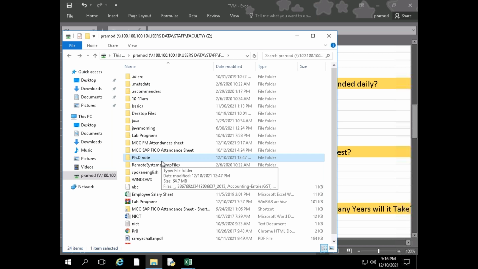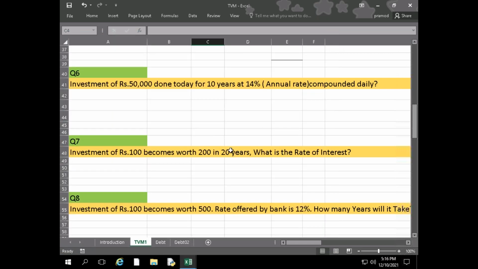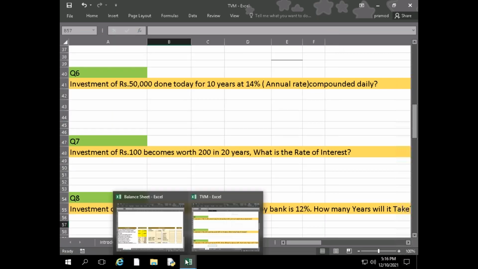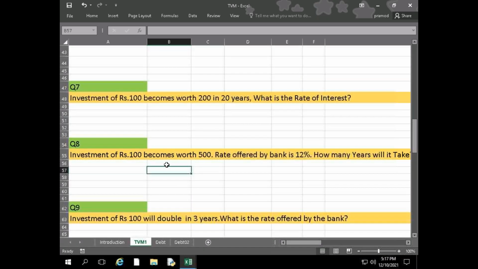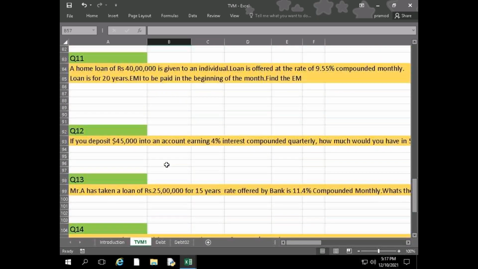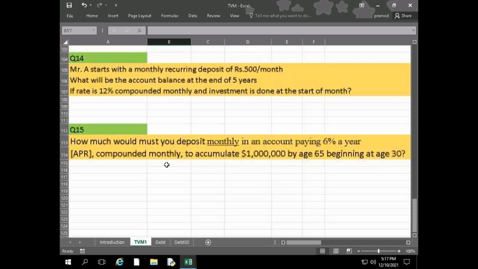Case 3 only, sir. The end of the month. How much must be the deposit monthly in an account paying 6% a year, compounded monthly, to accumulate 1 lakh by the age of 65, beginning at the age of 30?